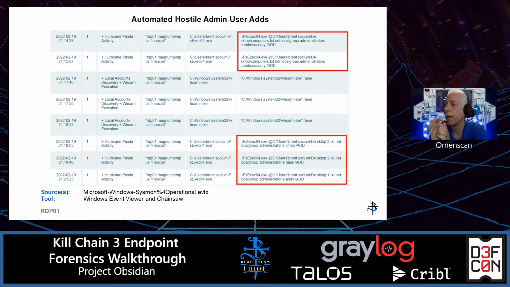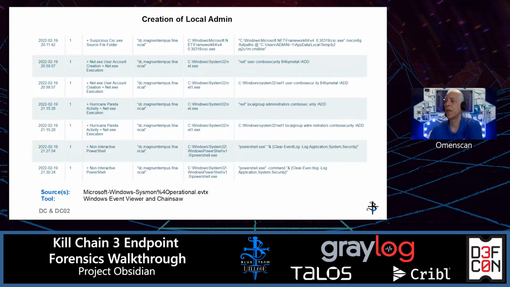So these are event ID 1 that we saw Chainsaw identify as Hurricane Panda, but really what we're looking at here is PowerShell being used to automate adding hostile administrators to several machines, IP addresses located in those TXT files.